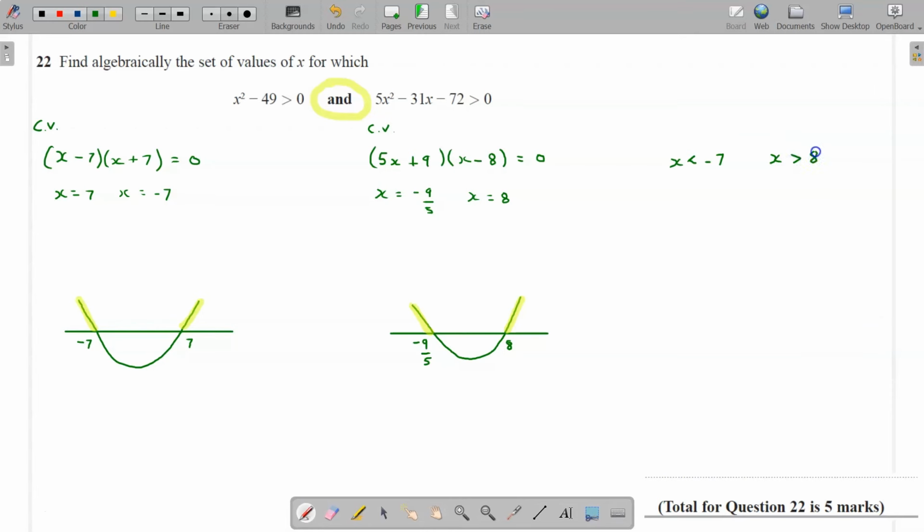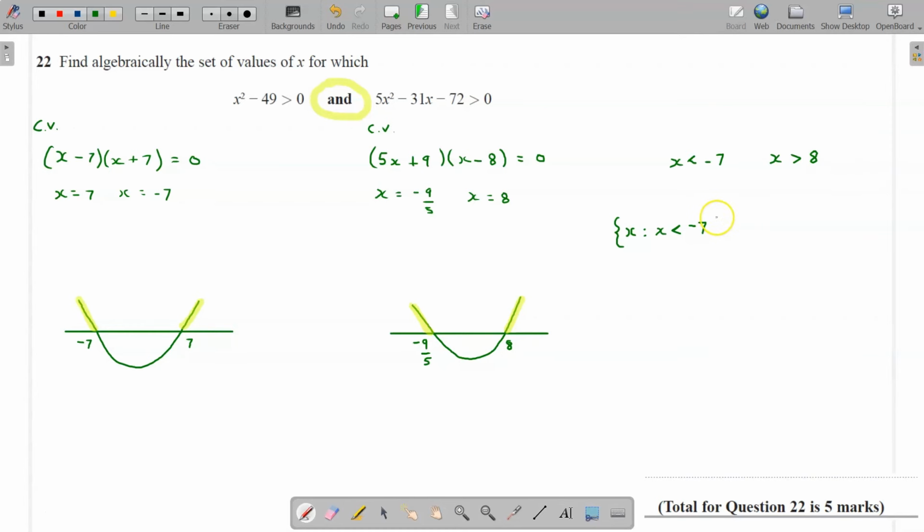Now, because it uses the word set of values, a set of values is shown like this. So we have x in a set bracket, which is a curly bracket like that, such that x is less than minus 7.